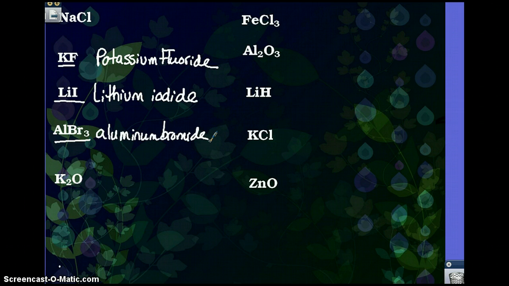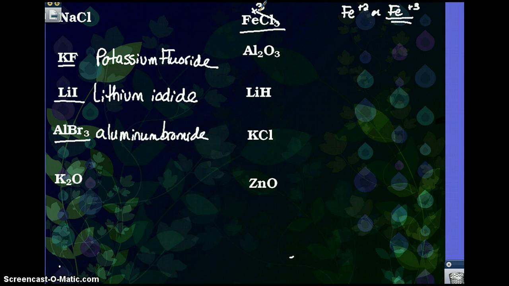Now, over to the other side here, FeCl3. Fe, iron, is one of my transition metals, and I know that iron can be +2, or it can be +3 in terms of its ionic charge. And in this instance, I know that the iron is going to be +3. Why? The 3 came from the iron.